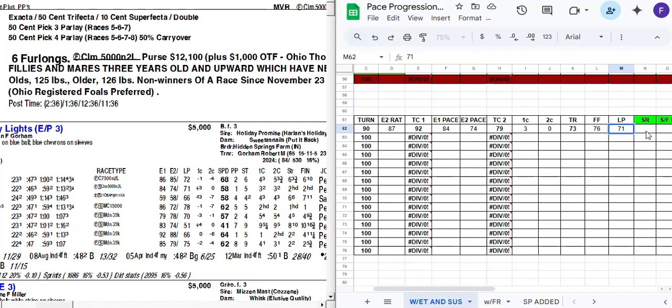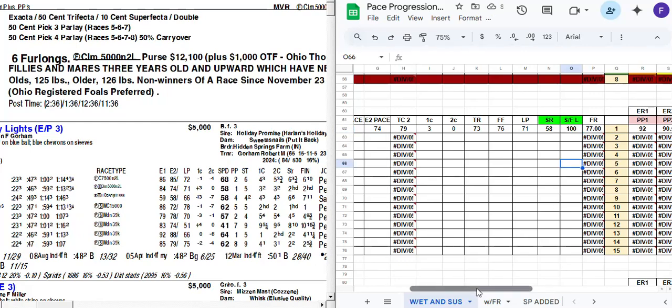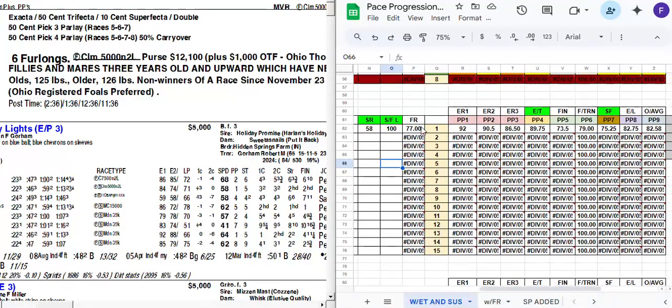New factors now. Speed rating was a 58. And then our stretch and finish lengths, he was close enough to be on the lead, and there was no gain or loss, so that's going to be a 100. So as you can see, your fitness rating now is going to automatically compute based on the averages of those 3 factors.